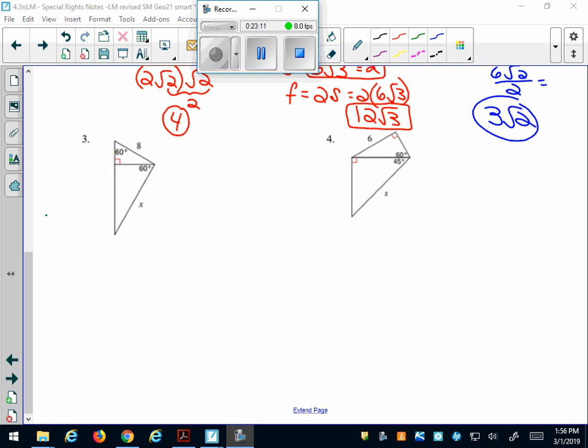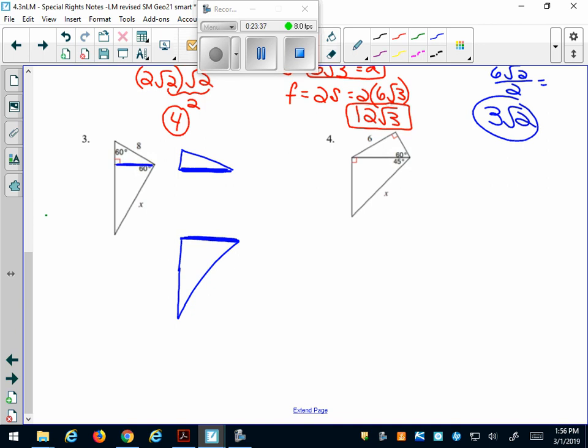So for ones like this, I'm going to do the first one with you. One strategy would be to kind of draw these triangles separately. Somehow, though, you have to realize that this side and this side are the same side, right?